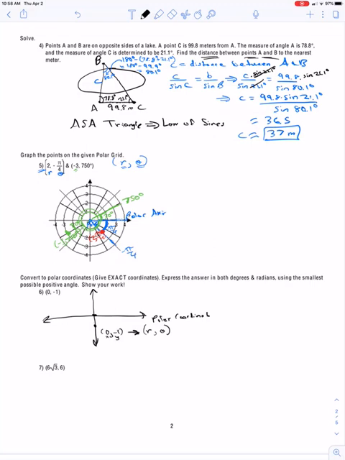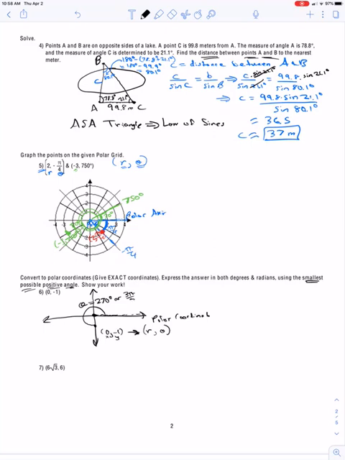So here's the pole, and here's the polar axis. It says use the smallest possible positive angle. So we rotate from the pole all the way over to this point. There's theta: 270 degrees, or 3 pi over 2 radians.